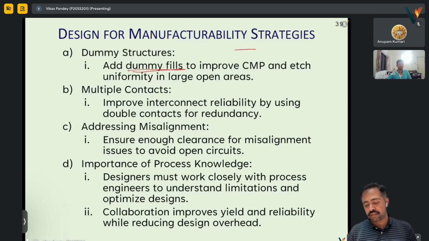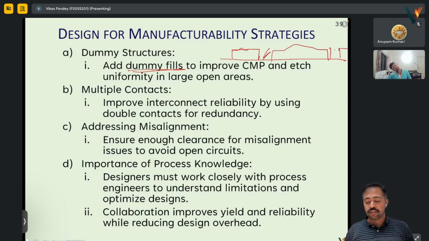Suppose this is a structure which we have to planarize. There is a gap in between these structures. To planarize, if we just keep these areas open, they might get damaged during the process of planarization.